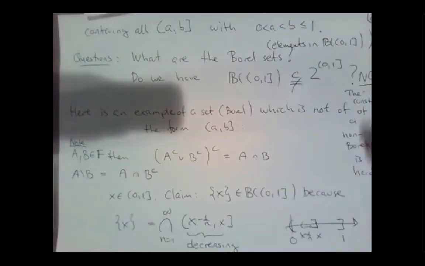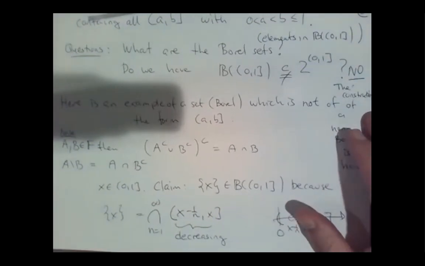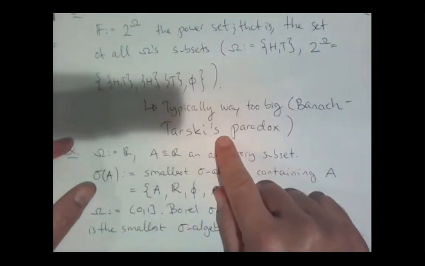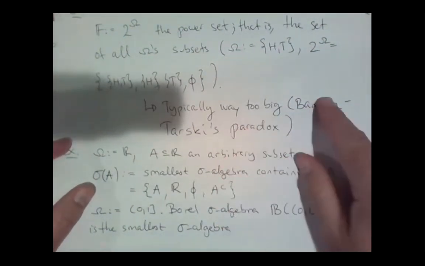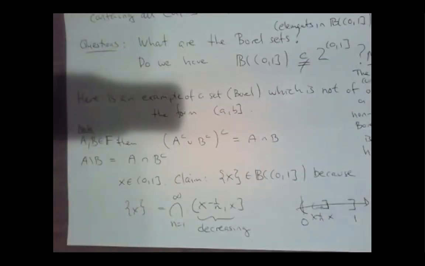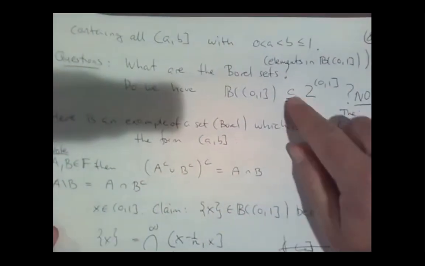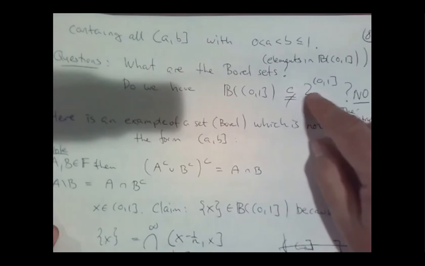Instead of spending my time doing this construction, I would rather talk about this paradox, because it is more perplexing. I would rather spend some time talking about the Banach-Tarski paradox, because it will also give you an idea about what can go wrong if we insist on working with this very large collection of sets.